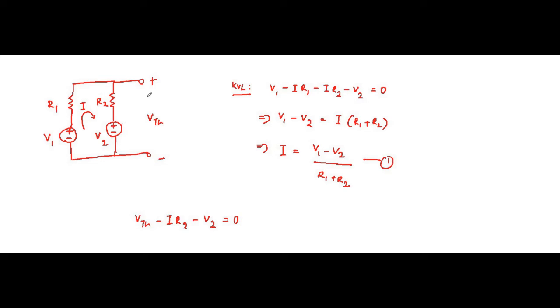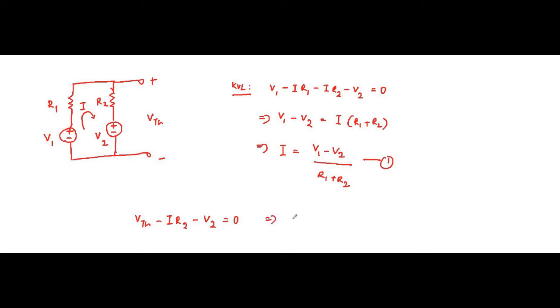In this direction we are putting it. VTH minus IR2, because current I is flowing through it, then minus V2, using the second sign dominating method. Please watch the videos related to basic circuit analysis techniques, where I have discussed KVL, KCL, mesh, nodal, everything. So I am not going into detail.